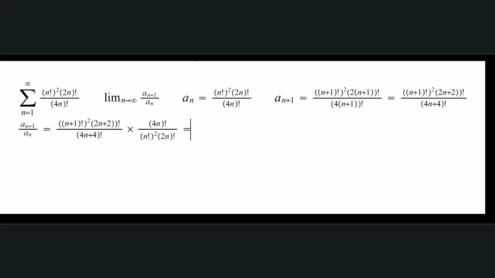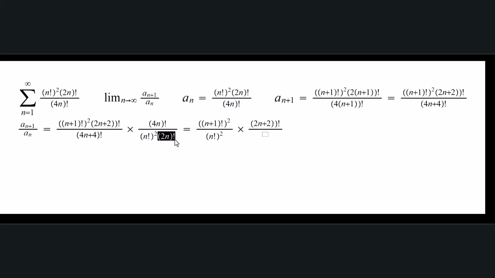I will go ahead and align the like-looking terms over the top of each other, so that it becomes easier to simplify them. So we got this, and then times, next we have 2n plus 2 factorial divided by 2n factorial.